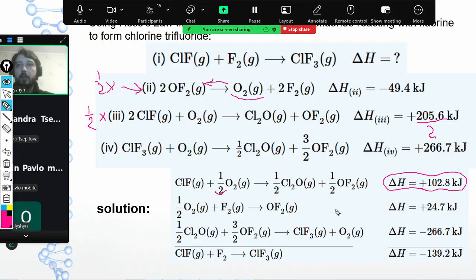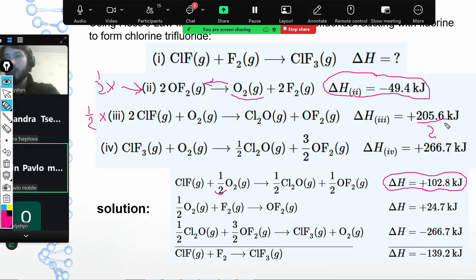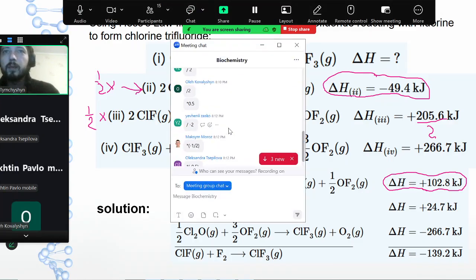Now what will happen to the delta H? I have reversed the arrow and I have multiplied by 1/2. So I should take minus sign. I will get plus 49 and divide.